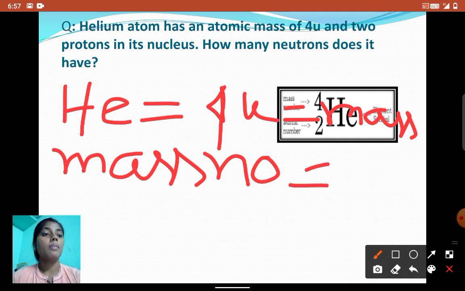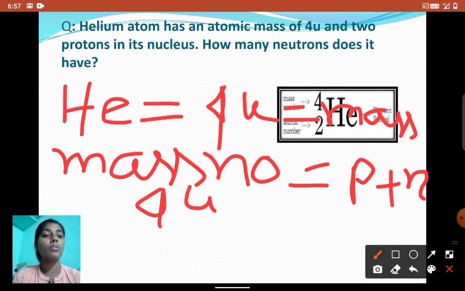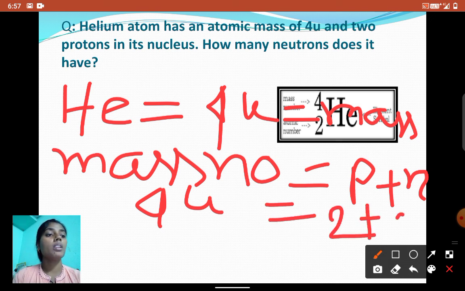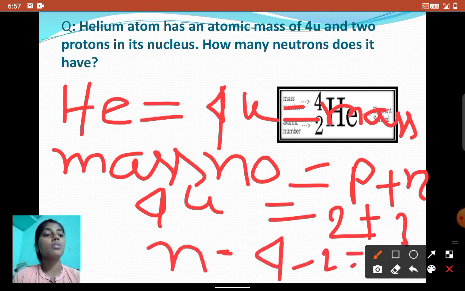Mass number equals protons plus neutrons. So the mass number is 4 u, the protons are 2, plus neutrons. So neutrons equal 4 minus 2, which is equal to 2 neutrons.